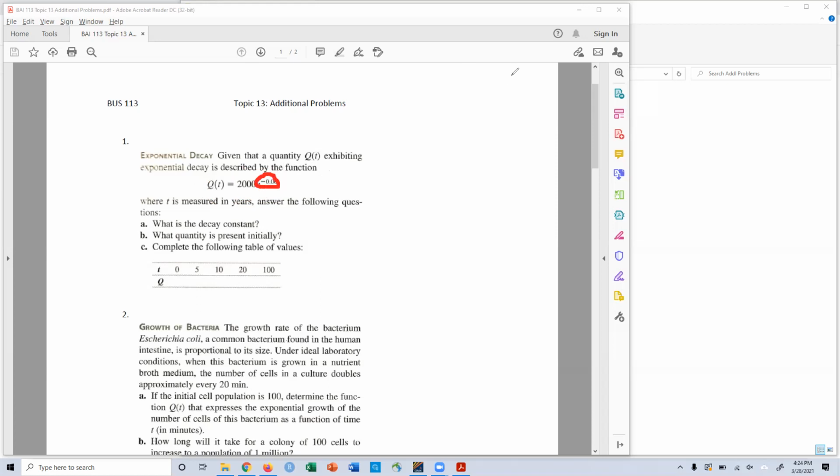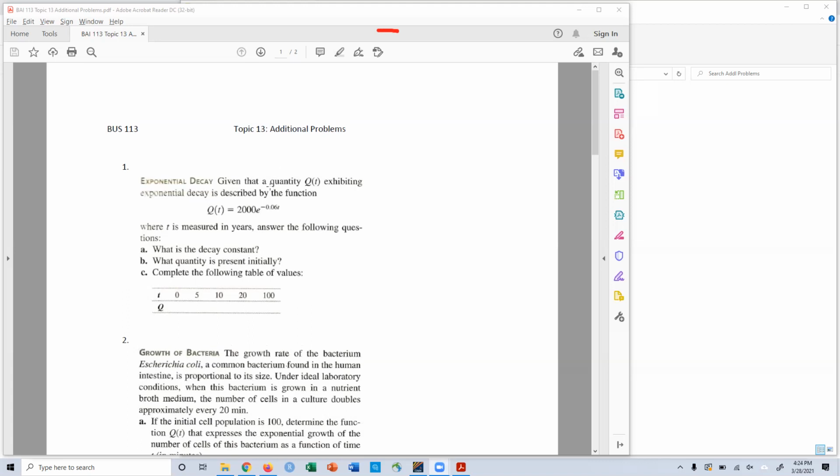And that's way too big. Let me try that again. Trying to zoom in on this if I can.